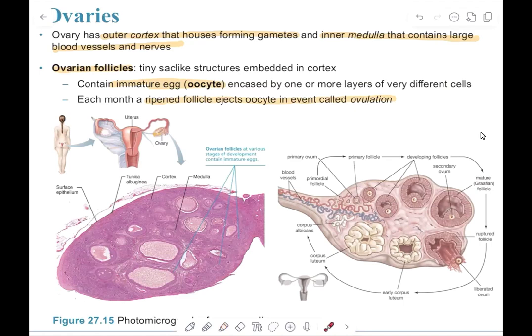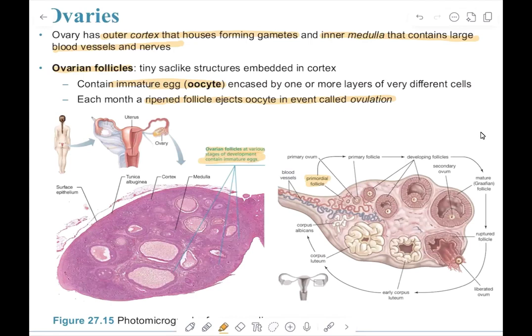So in this image, you have in your textbook, this is another one that I've added here, but the ovarian follicle is being shown at various stages here. And in the image to the right, we can see the stages a little more clearly. So initially, there is a primordial follicle.